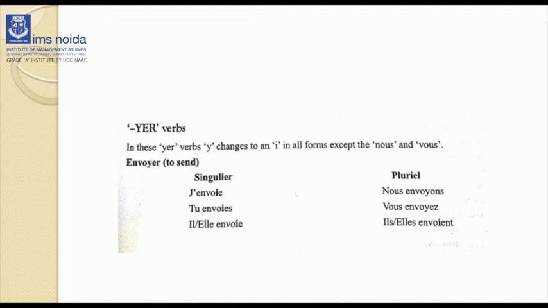Some other verbs are also given with other examples. The practice exercises are also uploaded in the classroom. I hope these examples are helpful to understand the concept of the conjugation of different groups of ER ending verbs.